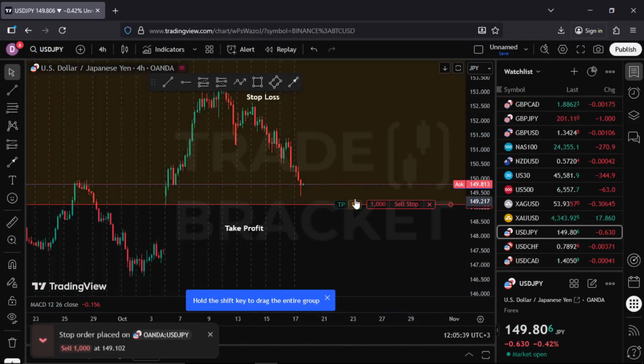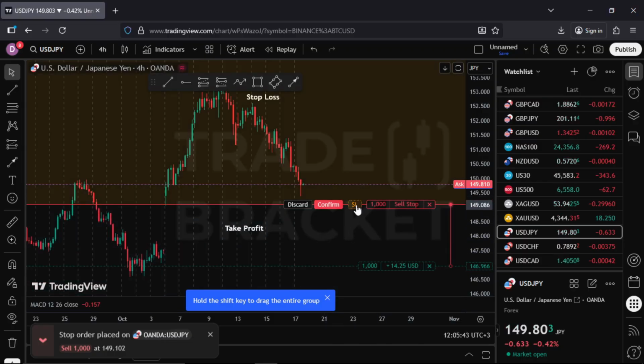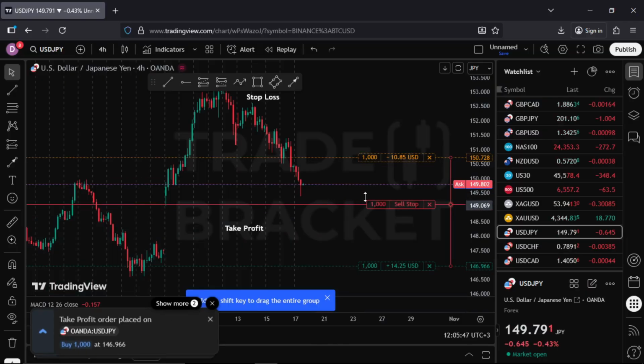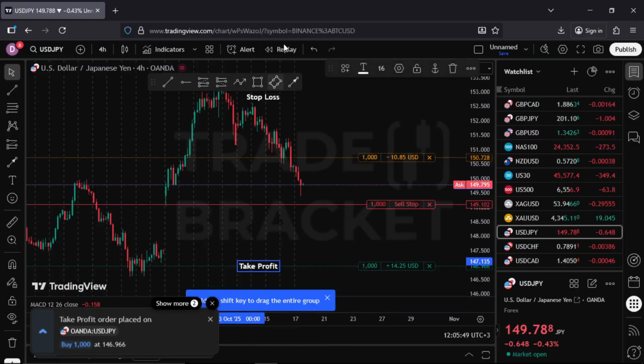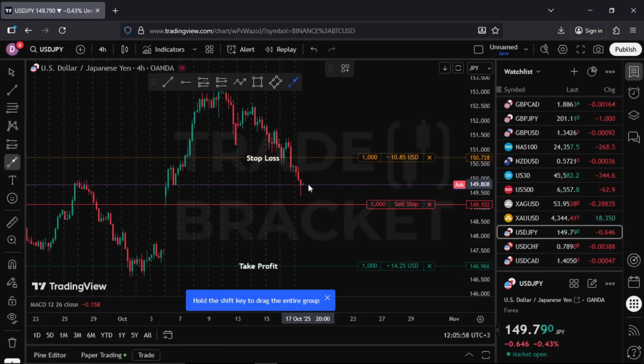Since I'm selling, let's say my take profit will be below here, and then my SL will be here. Let me confirm this and then explain. So my take profit will be below and my stop loss will be above here. This is where the price is currently at.